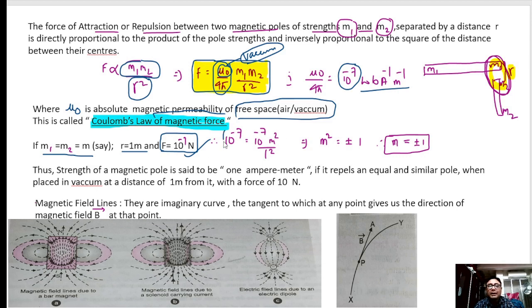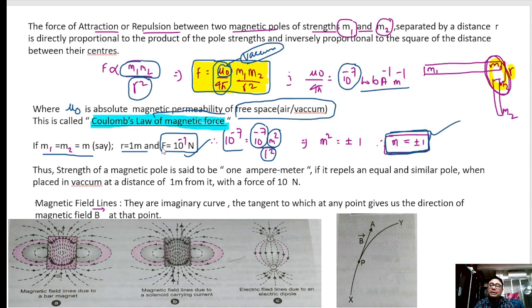So this is our F, this is mu 0 by 4 pi, this is the product of the poles, and this is the square of the distance. So what we get is that the pole strengths of the two magnets are either plus 1 or minus 1.